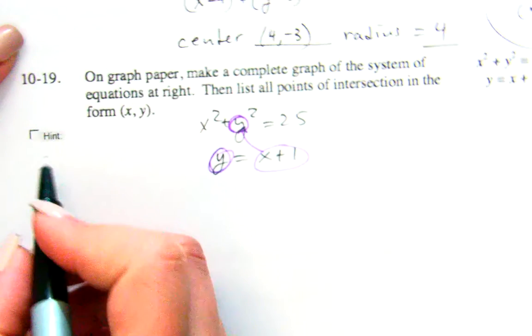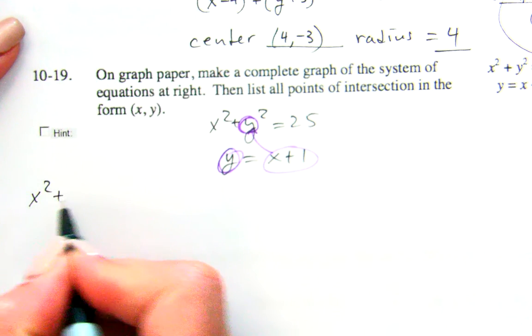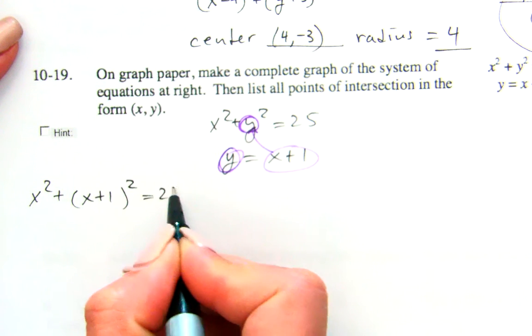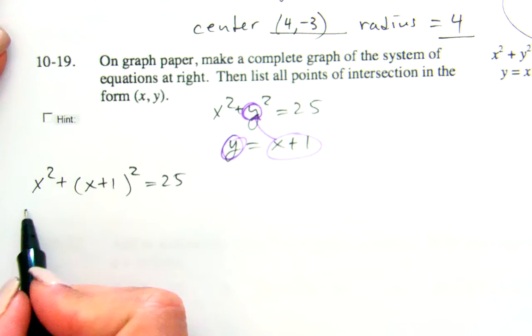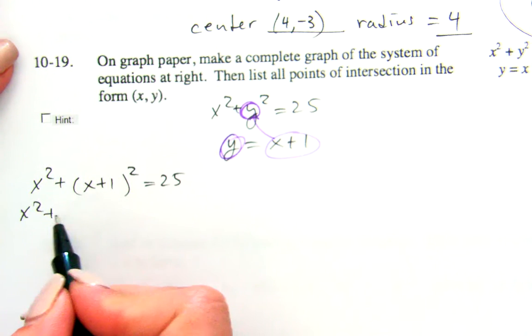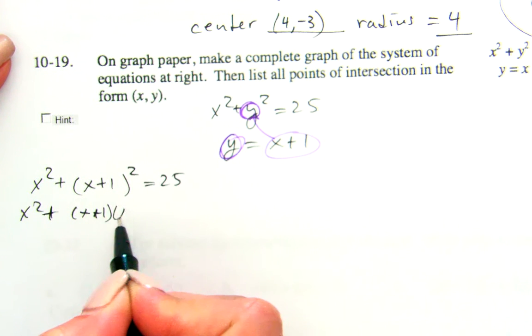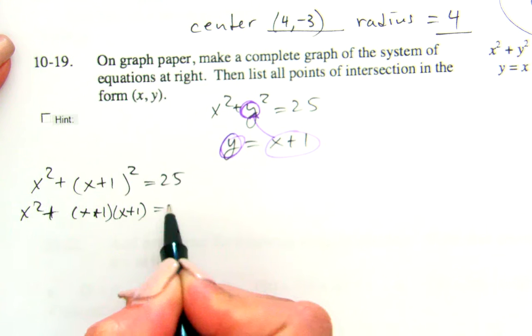So it should start to look like x squared plus, in parentheses, x plus 1 squared equals 25. And then we have x squared plus x plus 1 times x plus 1 equals 25.